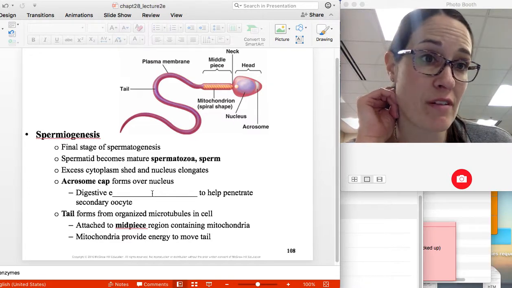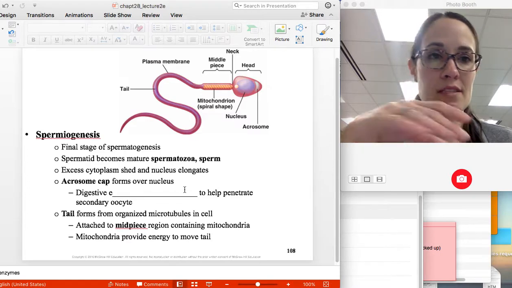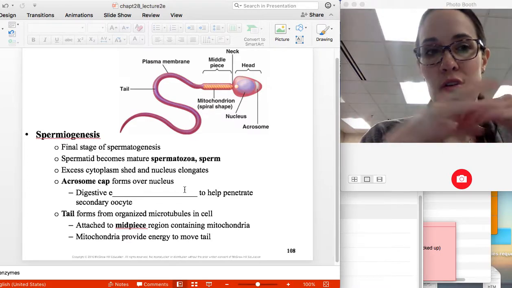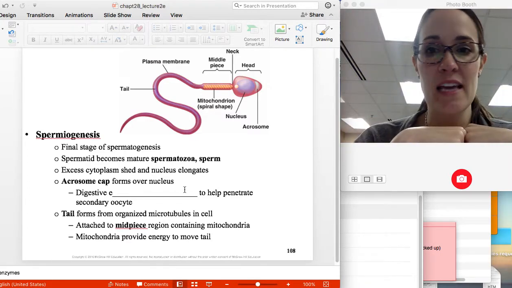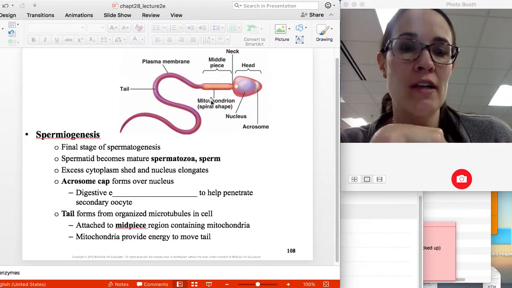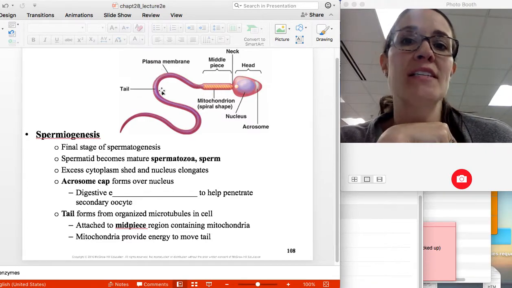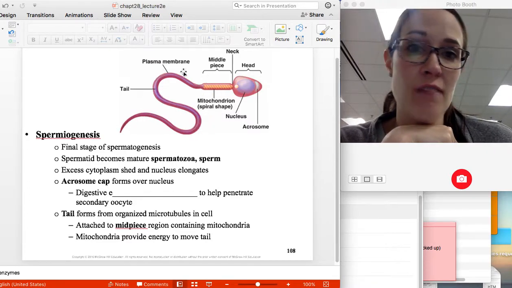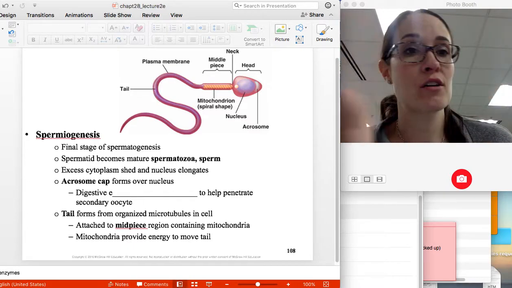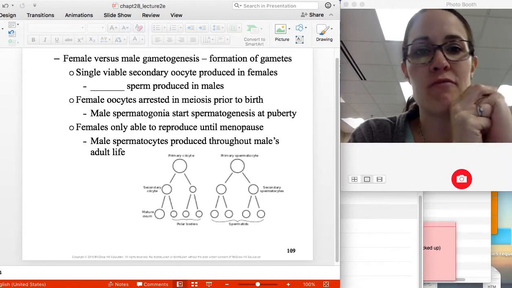This is a very important feature, this cap, the acrosome. It contains digestive enzymes, and those enzymes are crucial to be able to penetrate the egg for fertilization. As you can see here, the middle has mitochondria, so this produces the energy for the sperm. And the tail is a long flagellum, so its function is to move the sperm.